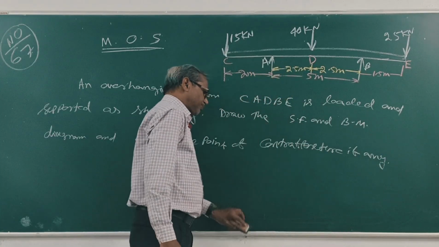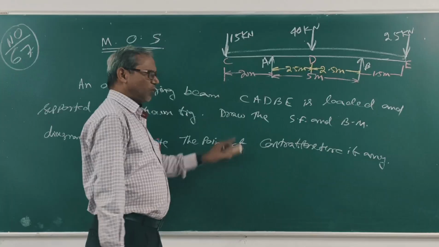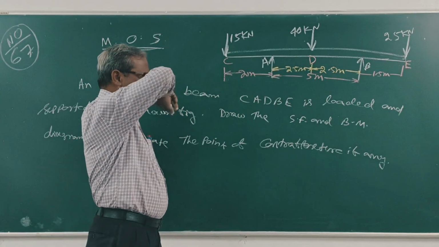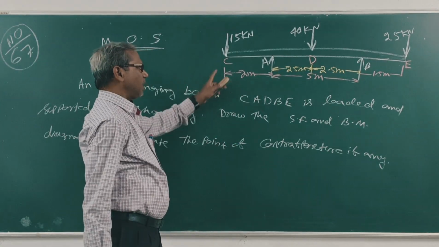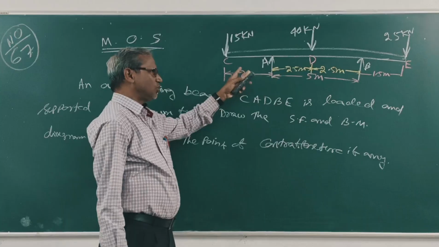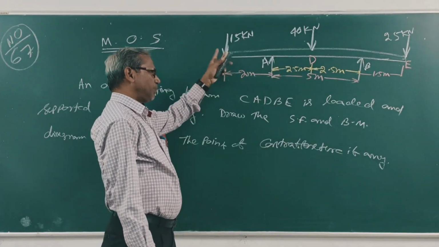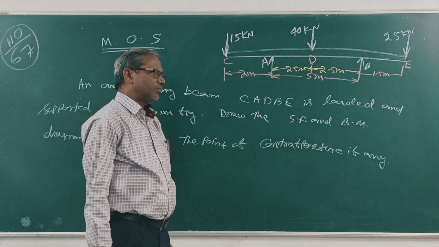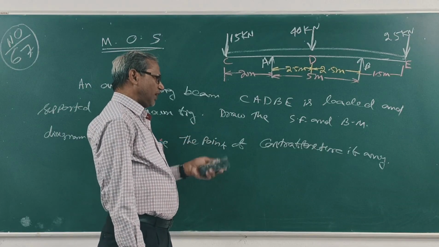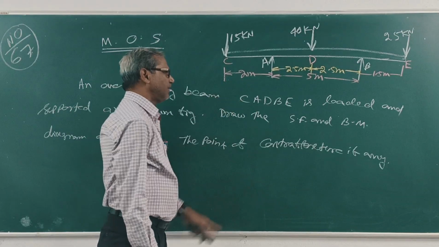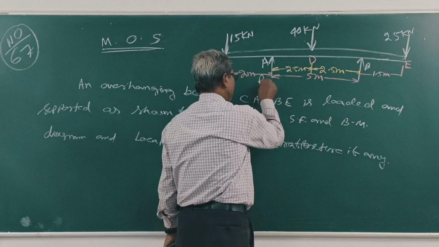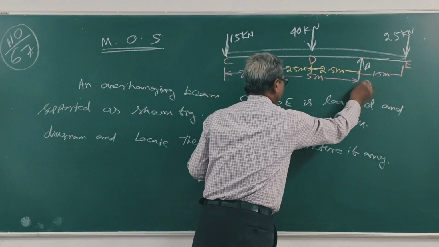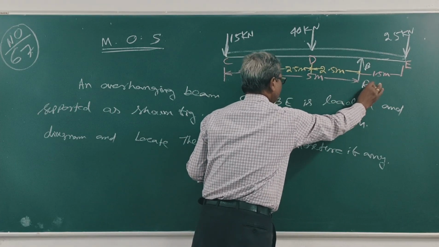Clear? This is an overhanging beam CADB loaded with three point loads or concentrated loads: 50 kilonewton, 40 kilonewton, 25 kilonewton, and two reactions at A and B. This is RA, this is RB.